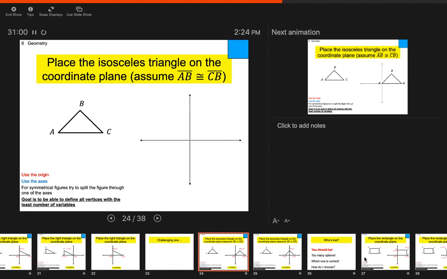So we got 0, 0. What else? Well, let's say that point C, the other point on the x-axis, right there, let's call that A comma 0. Where's there? Well, that's half of A. Because it's isosceles, we know that. So it's halfway here, so over that's A over 2 comma B. So how many variables did we use? 2.